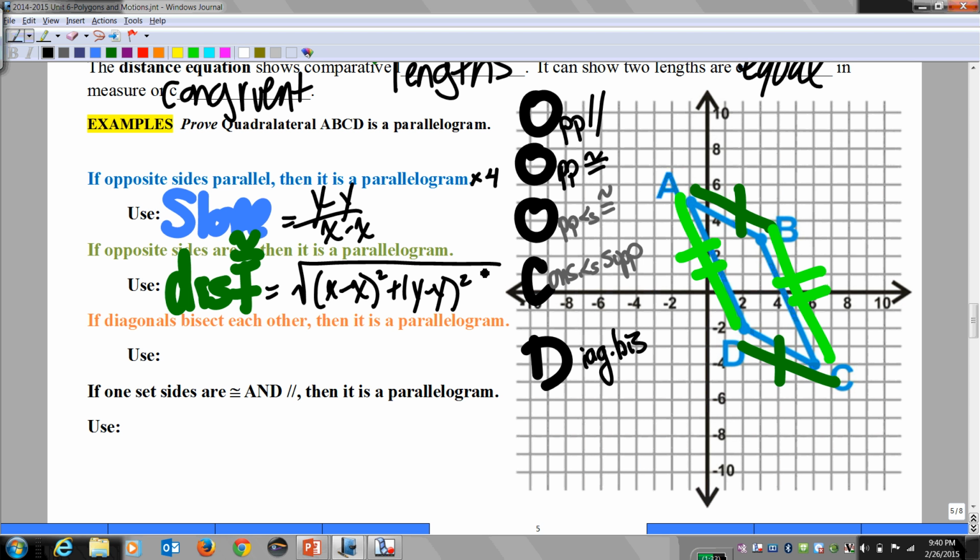Remember, the distance equation is a giant square root of x minus x squared plus y minus y squared. And I'd have to do that 4 times, all 4 sides, to prove that opposite sides were congruent.